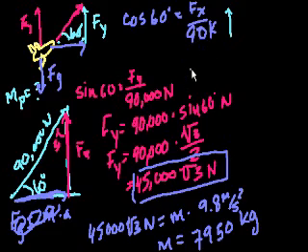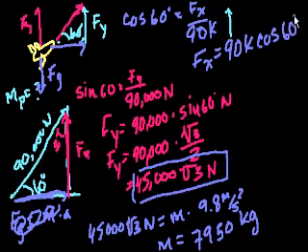So the force in the x direction is equal to 90k cosine of 60 degrees. Cosine of 60 degrees, if you got your calculator, is 1/2. So the force in the x direction is going to equal 45,000 newtons, k for 1,000.